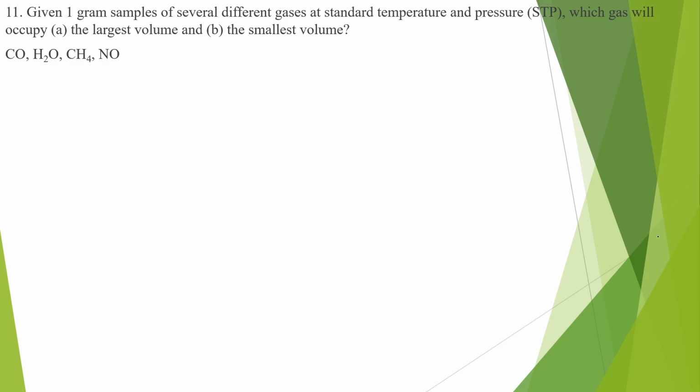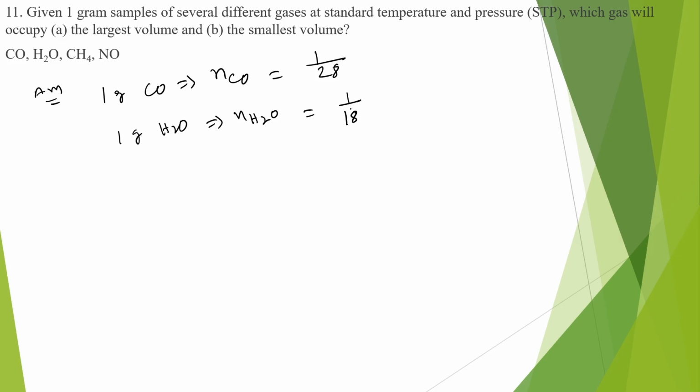Okay. So for 1 gram CO, number of moles of CO is 1 divided by molar mass of CO. So this is 12 plus 16, which is 28. 1 gram H2O, number of moles of H2O is 1 by 18.